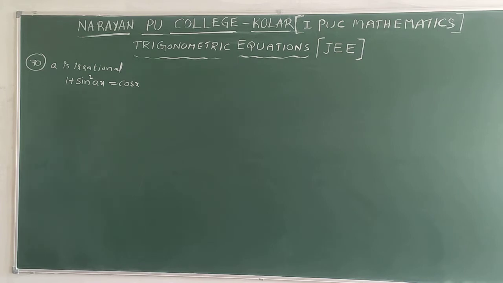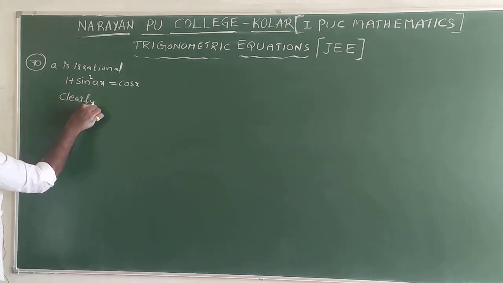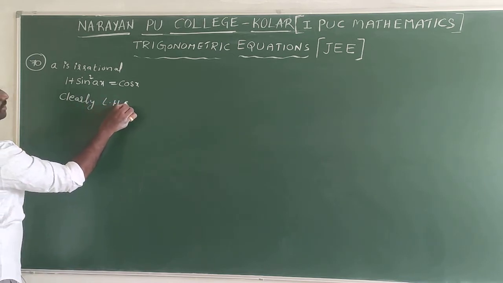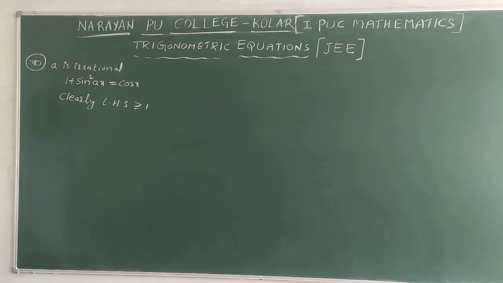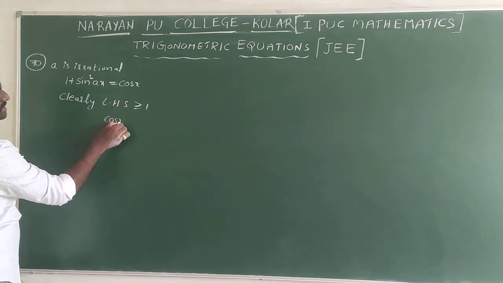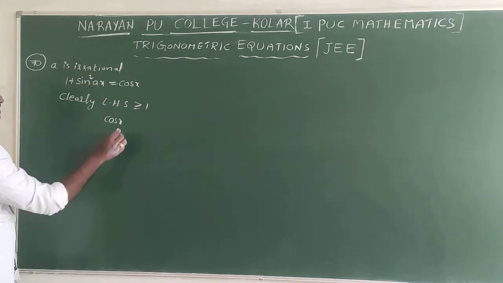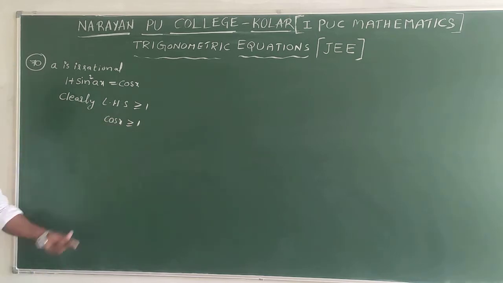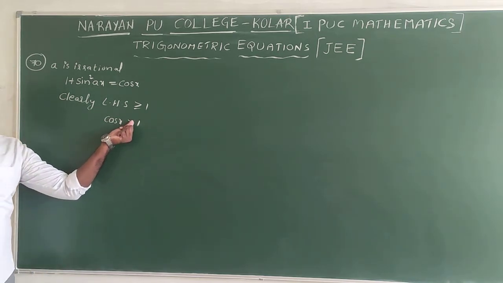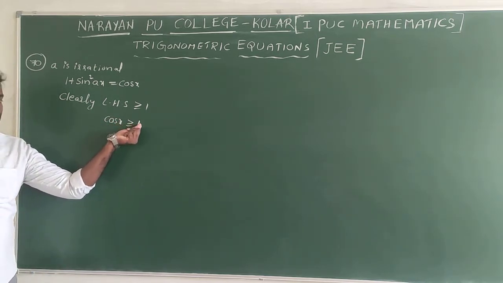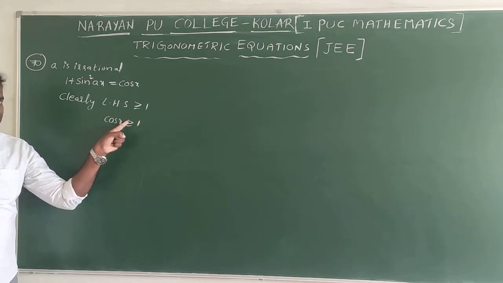See, sin square is positive or 0, so clearly the LHS value is either 1 or more than 1. The LHS equals cos x, because both are equal. But we are not taking greater than 1, because cos has a maximum value of 1. So the greater than condition does not exist.